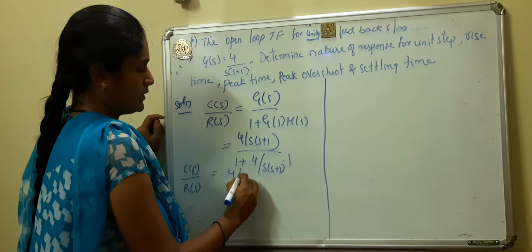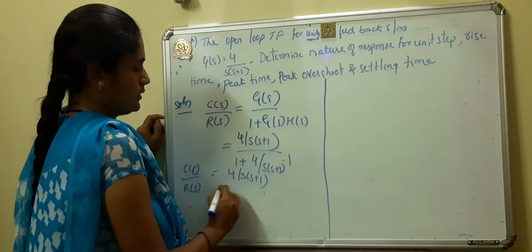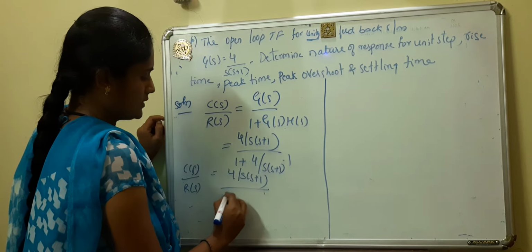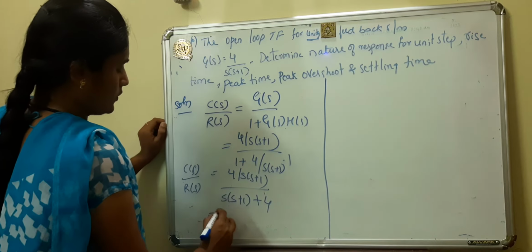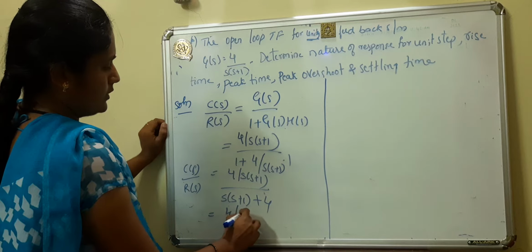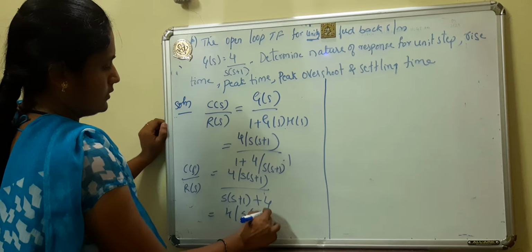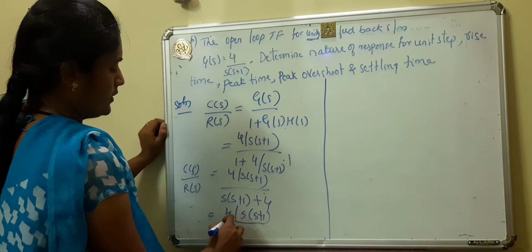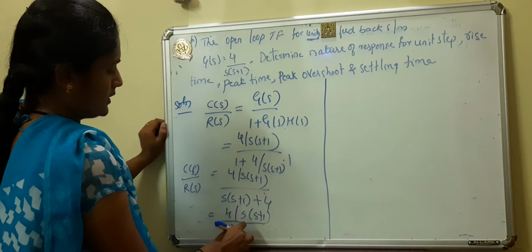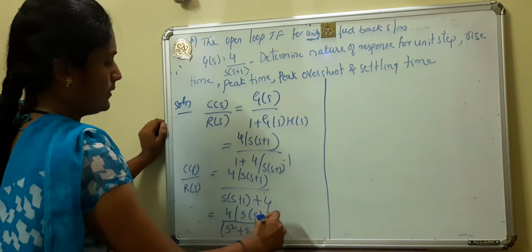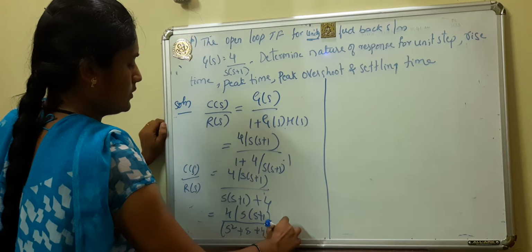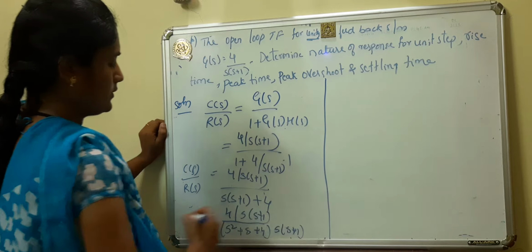4 divided by s into (s + 1), taking the LCM in the denominator, that is s into (s + 1) plus 4. Okay, 4 divided by s into (s + 1), divided by (s square + s + 4) divided by s into (s + 1).